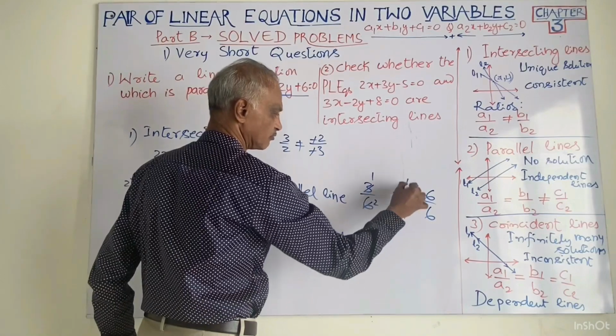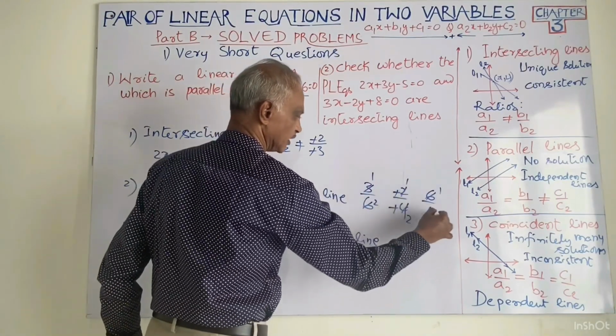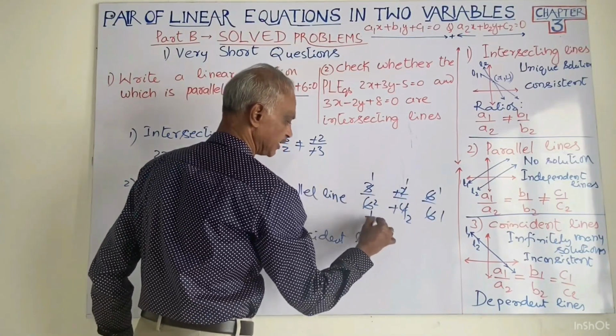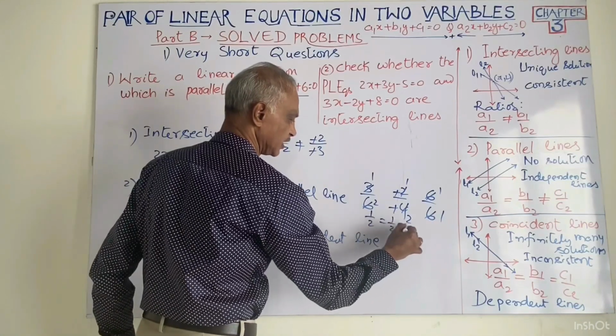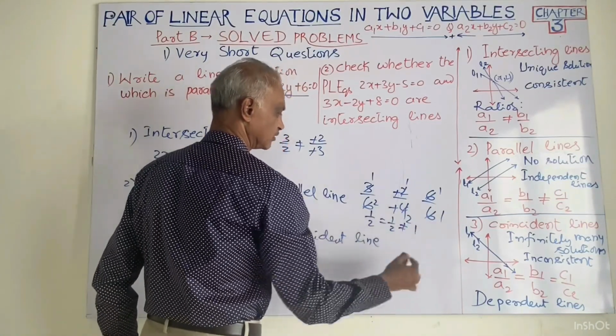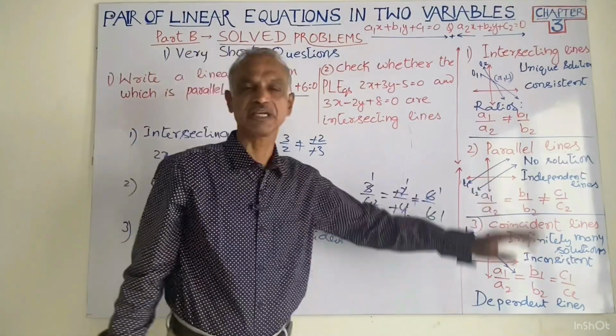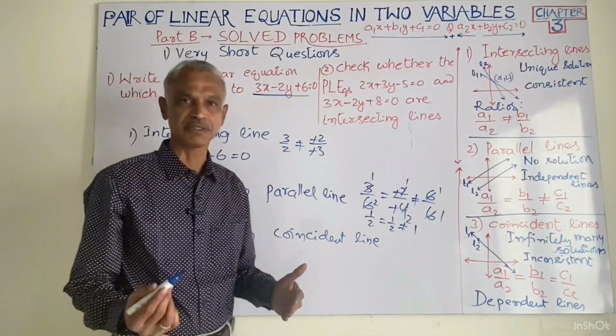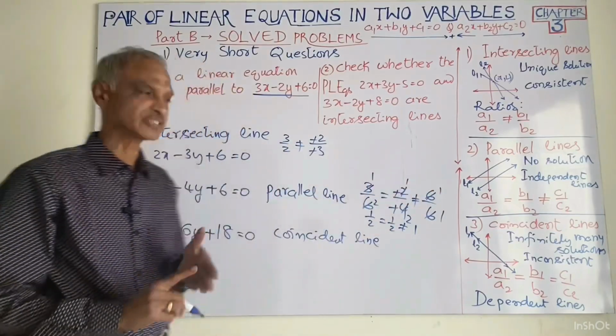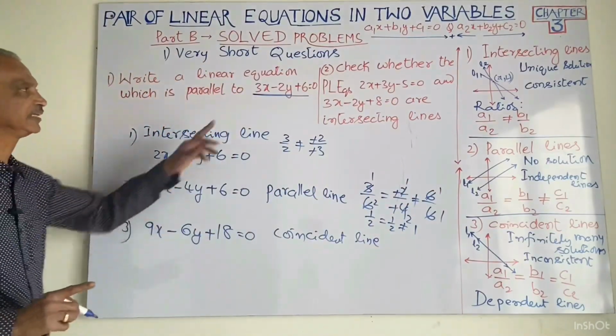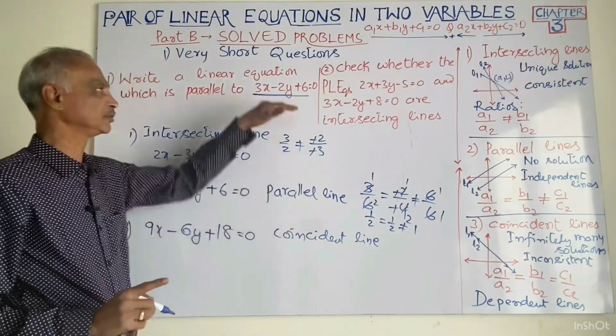This is also 1 by 2. This is 1. So 1 by 2 is equal to 1 by 2 is not equal to 1. You observe A1 by A2 is equal to B1 by B2 but not equal to C1 by C2. Next we have to write a coincident line to this one.